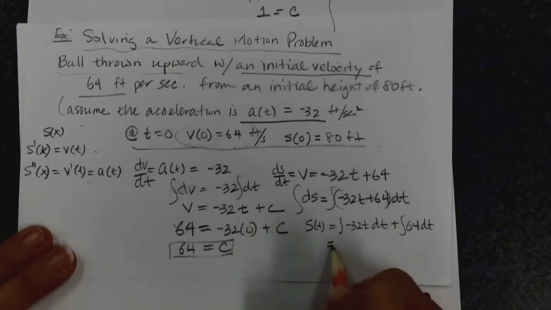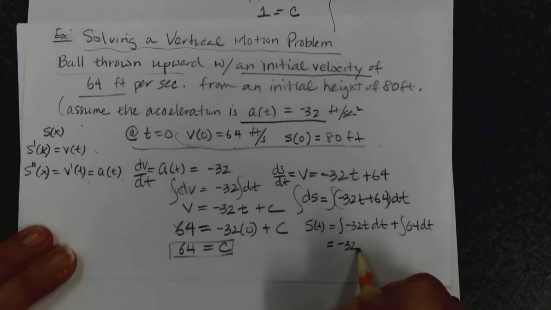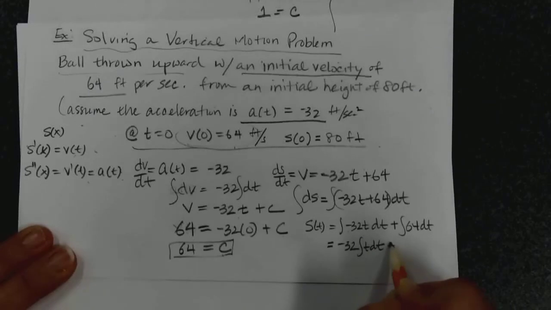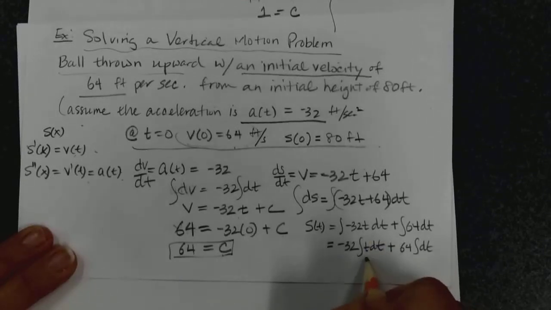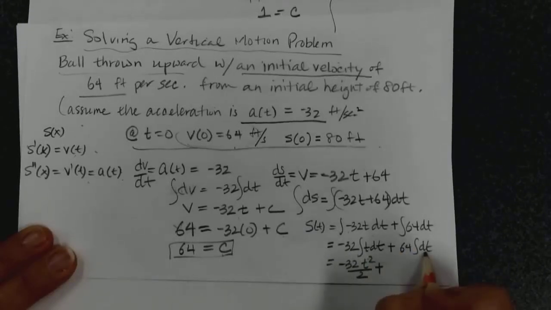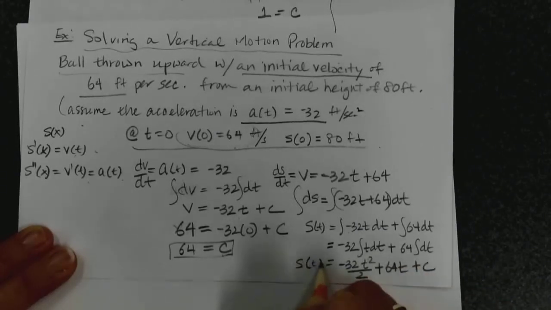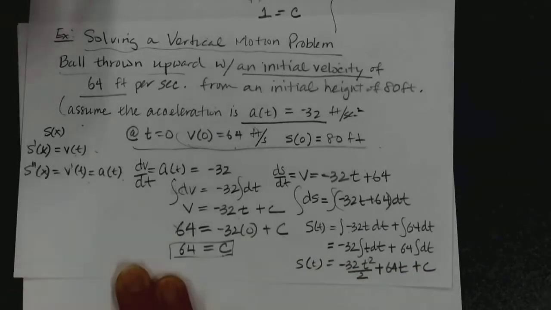Now we use the power rule: 1 plus 1 is 2, so we divide by 2, so this becomes negative 32 t squared divided by 2, plus the integral of dt, which is just t, plus c. This is my s of t.